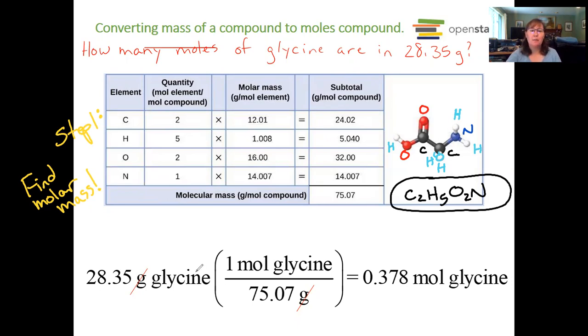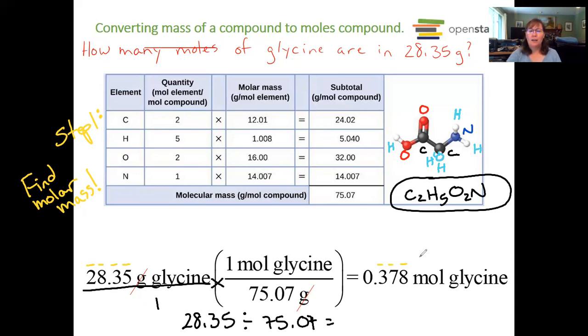So again, your first step here is find your molar mass. You can put this over 1 if you want to and multiply. And what that means is 28.35 grams. And then you divide that by 75.07. And here you can actually see in this case that you have 1, 2, 3, 4 significant figures.